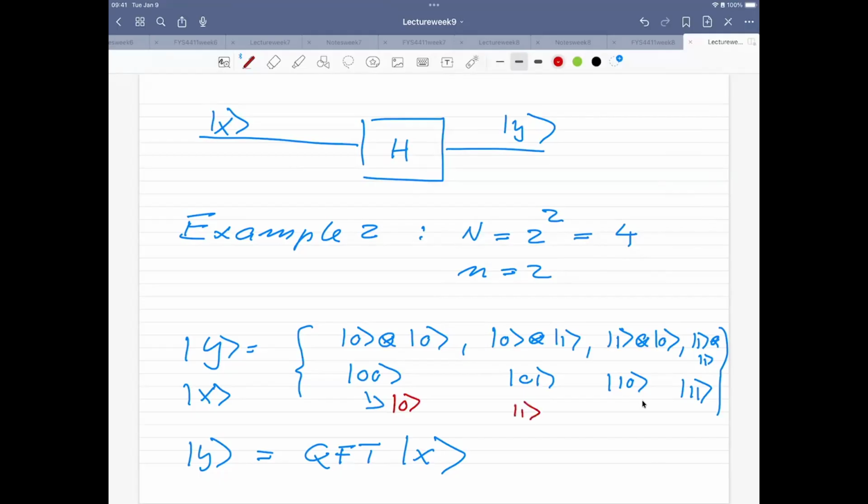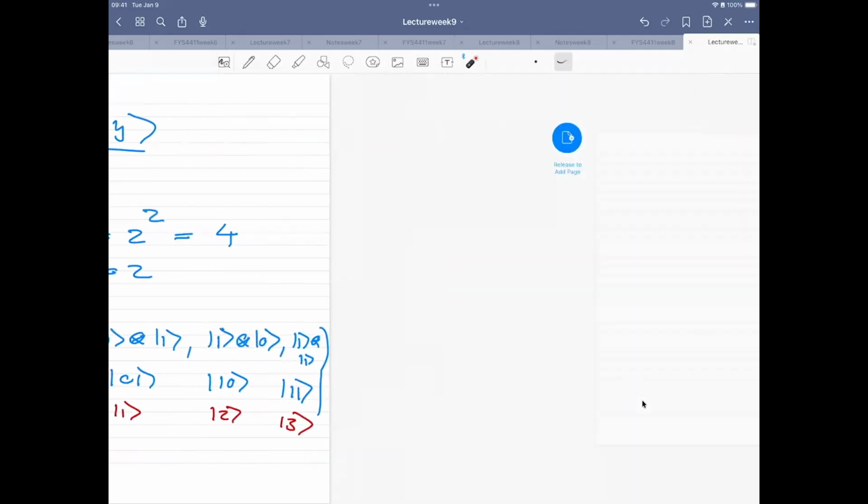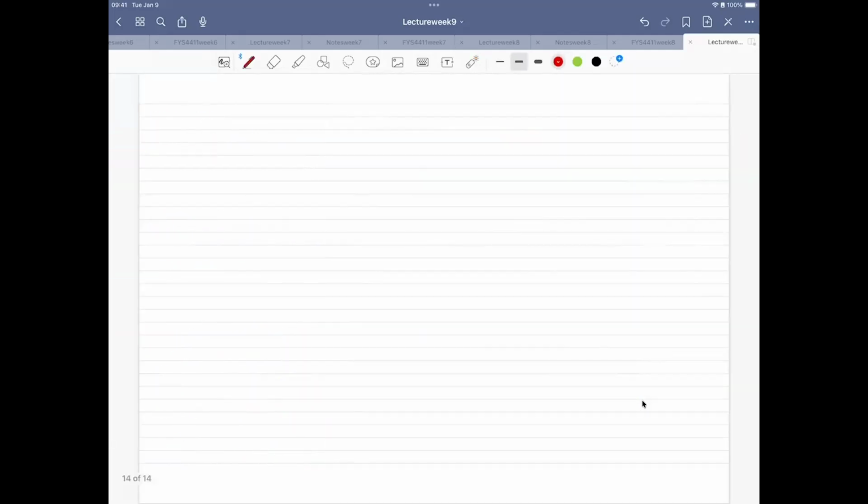This will be state 1. This will be state 2. And this will be state 3. So how do we do this mapping when we know the values of these bits here?